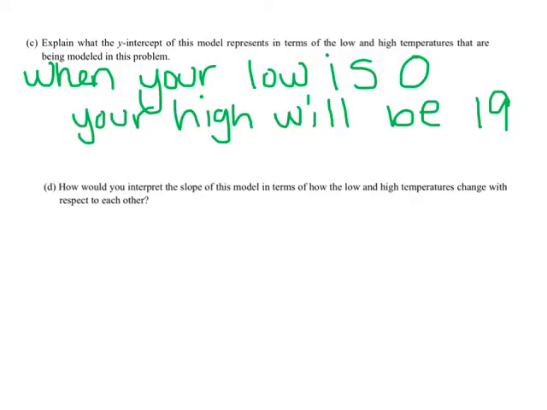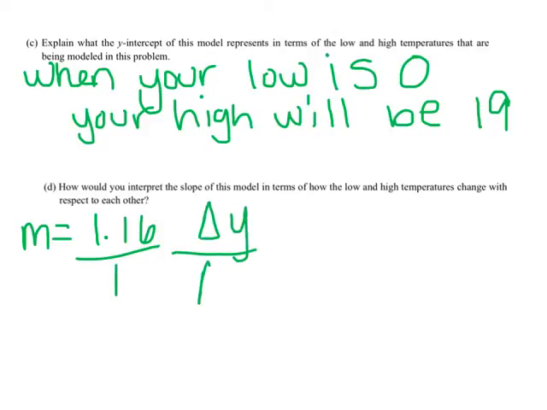D. How would you interpret the slope of this model in terms of how low and high temperatures change with respect to each other? Well, my slope is 1.16, which means 1.16 over 1, which means that my change in y over my change in x, every time my y goes up 1.6, my x will go up only 1 degree.